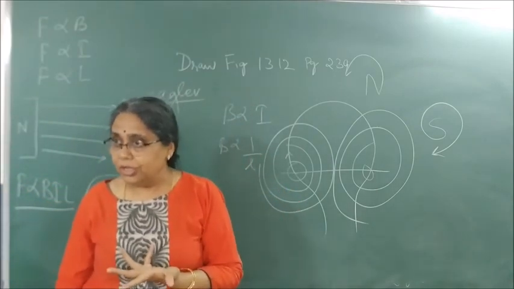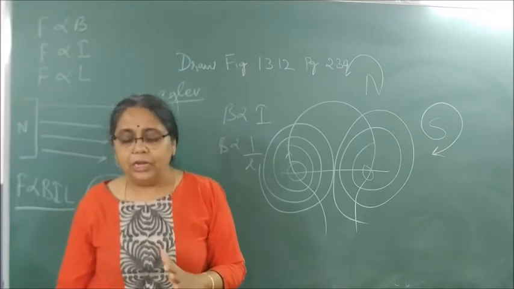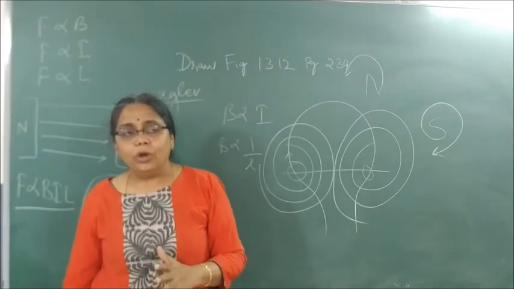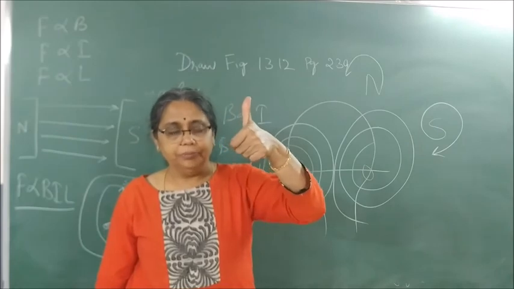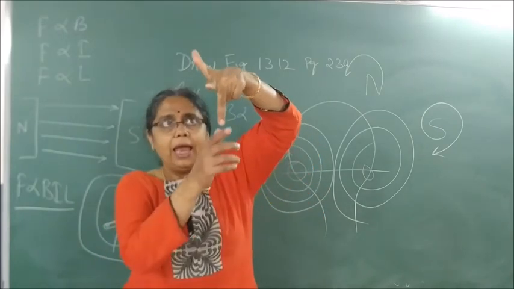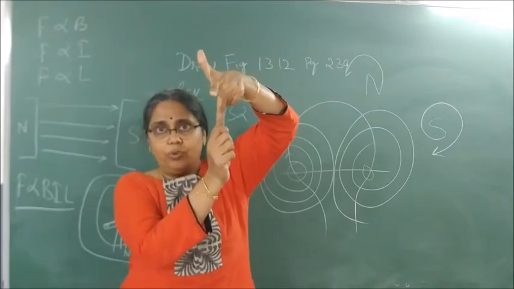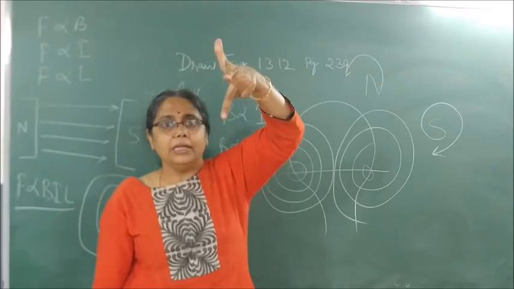Now, how do we find out the magnetic field? We saw the force. Now we have to find out the direction. To find it, we use Fleming's left hand rule. What is Fleming's left hand rule? Stretch the thumb, the forefinger and the center finger of your left hand in such a way that they are mutually perpendicular, at a 90 degree angle.